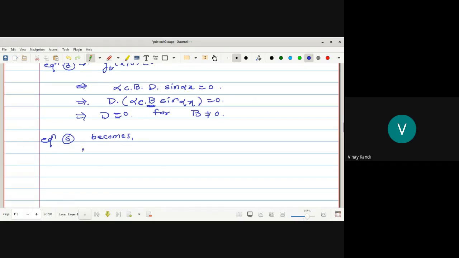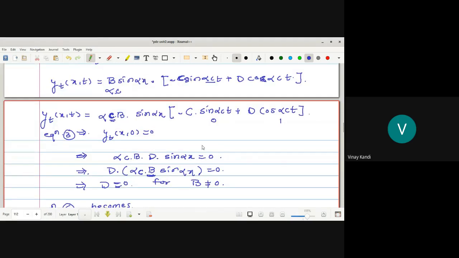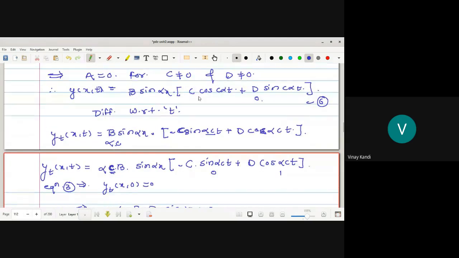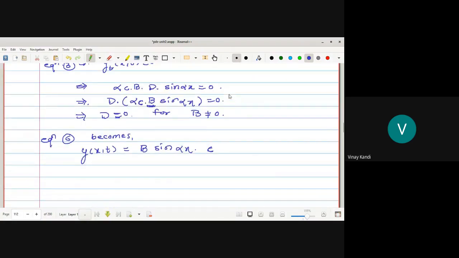So equation 6 becomes y of x,t, y is the function of x,t, is equal to b sin alpha x into capital C into cos alpha c t. This is the equation number 7.